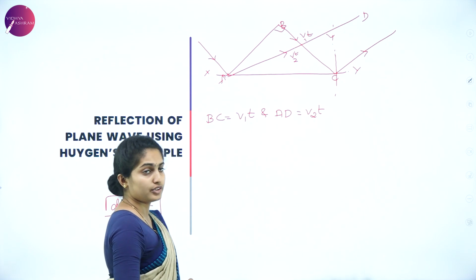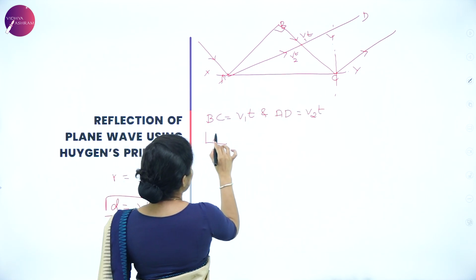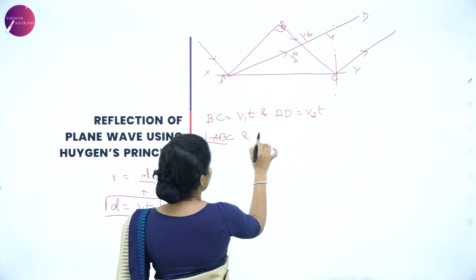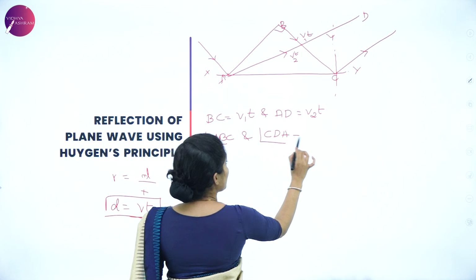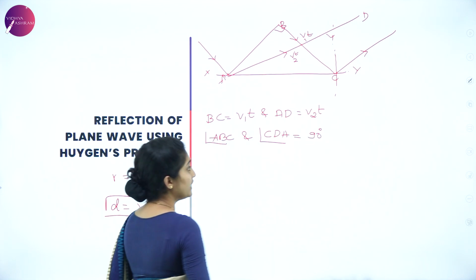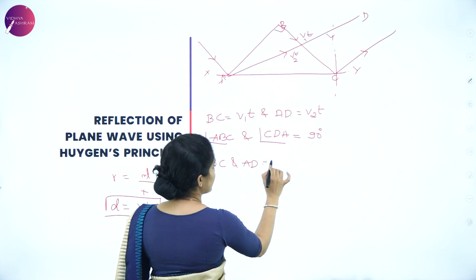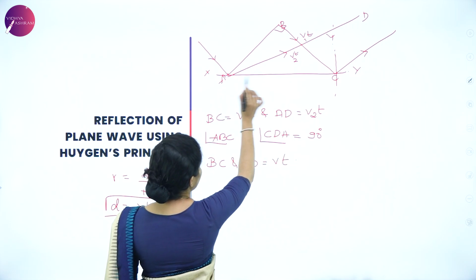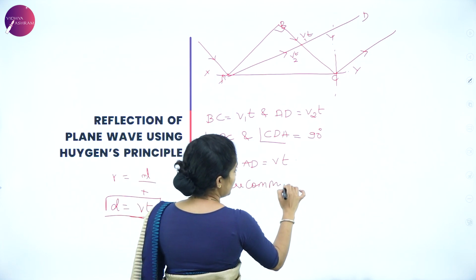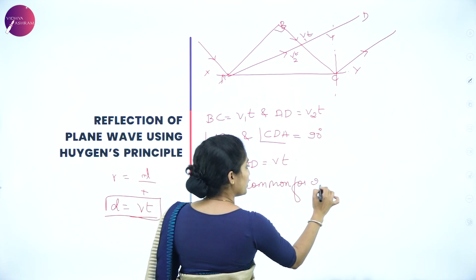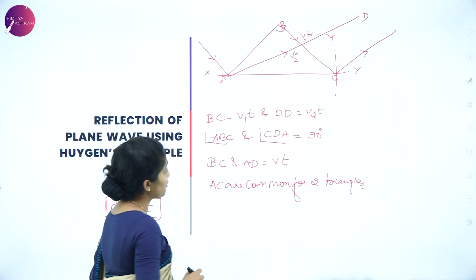There are two triangles over here, angle ABC and angle DCA, both equal to 90 degrees, and BC and AD are Vt, and AC is common to the two triangles framed with respect to reflection.